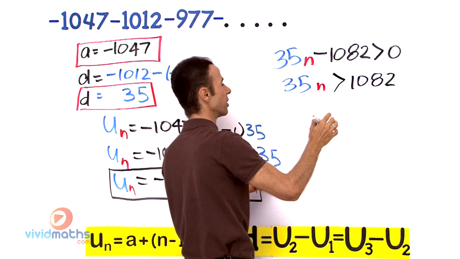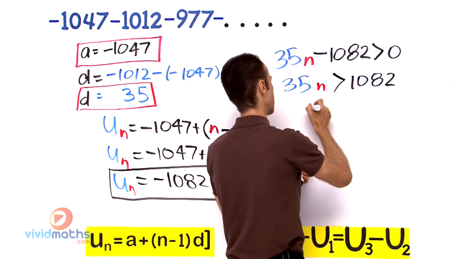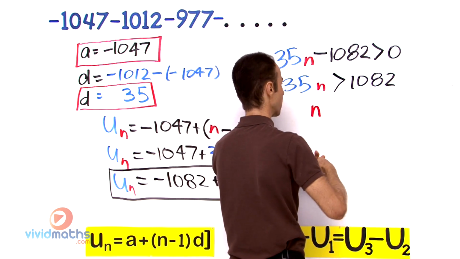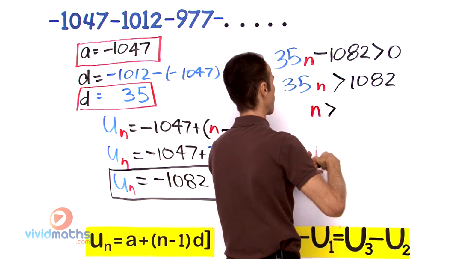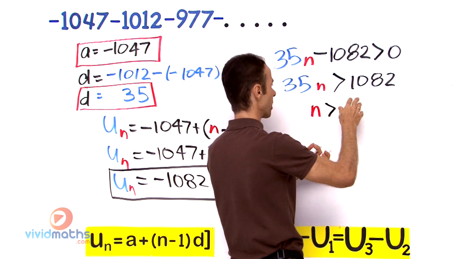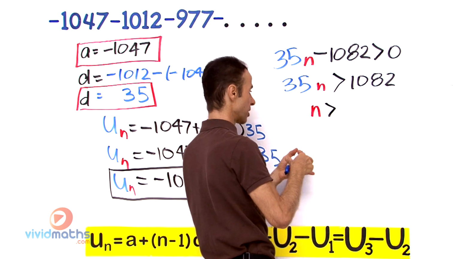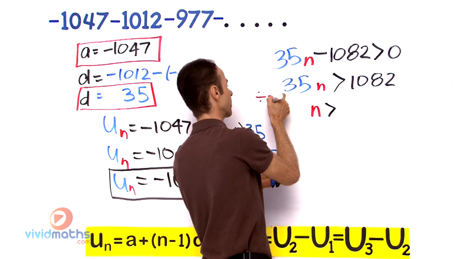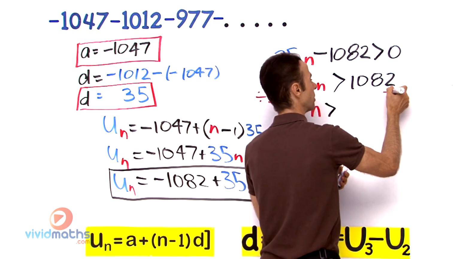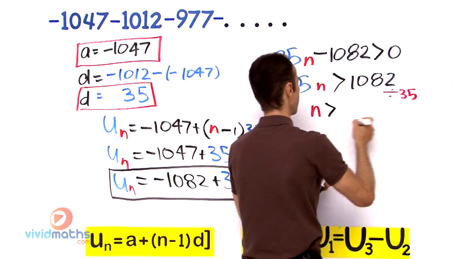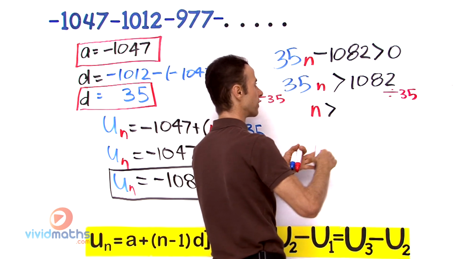Dividing both sides by 35, n is greater than 1082 divided by 35.